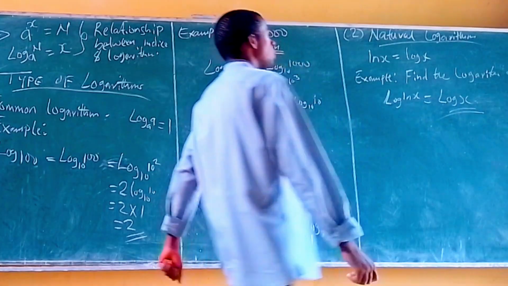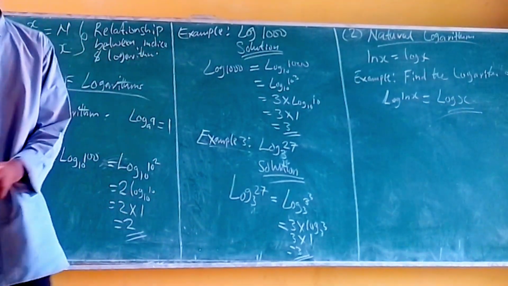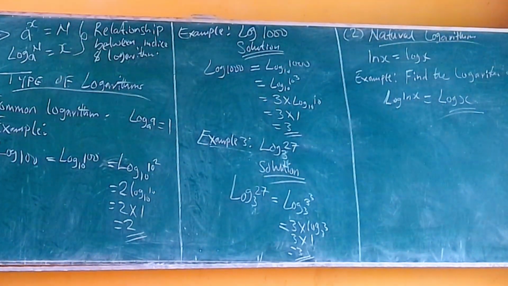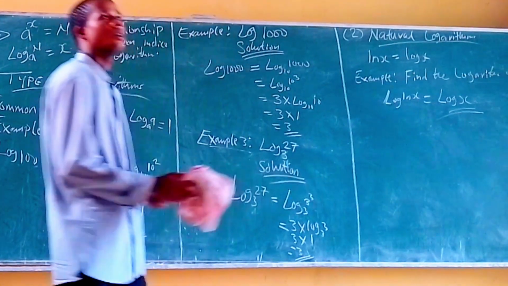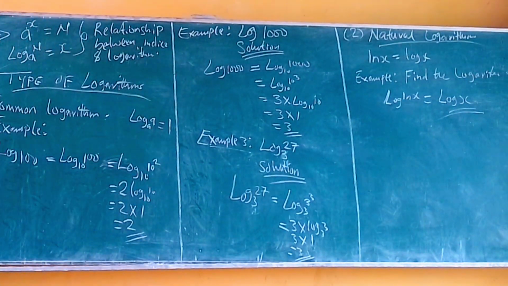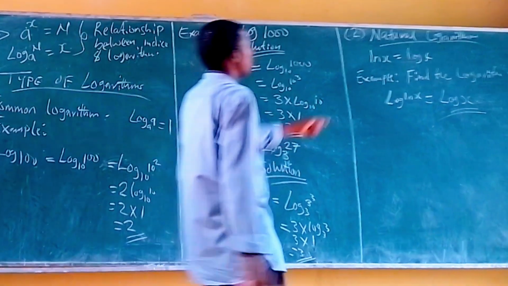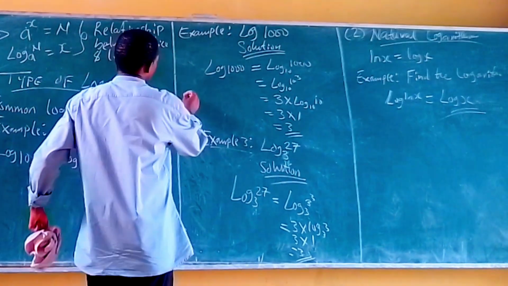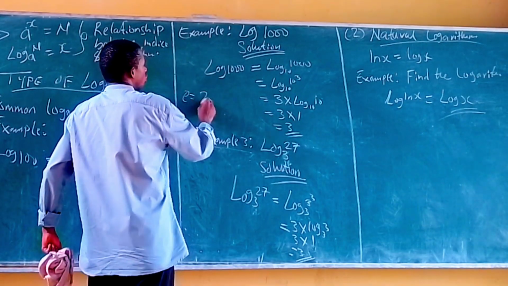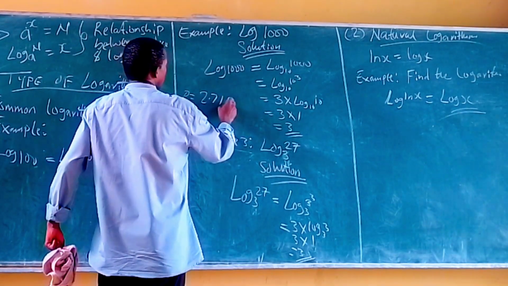Log base 10 and log base e, the natural log. These two types, common logarithm and natural logarithm, are the two major ones. This guy is called log base e. Sometimes you can call it an exponential, which is equal to about 2.71.